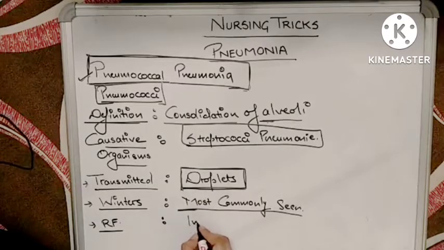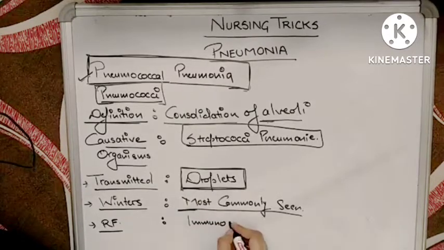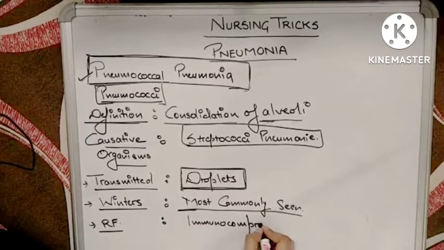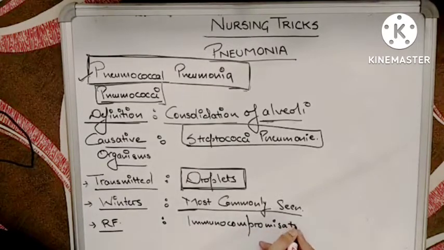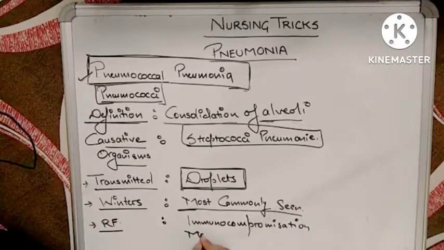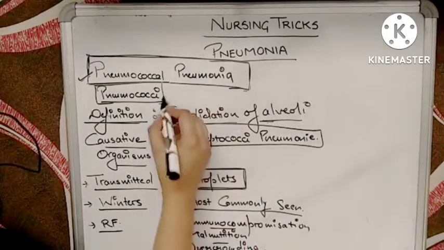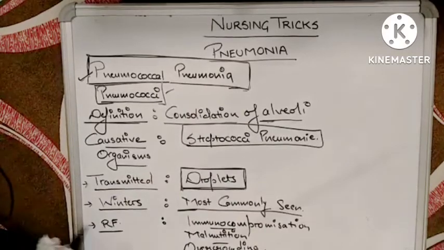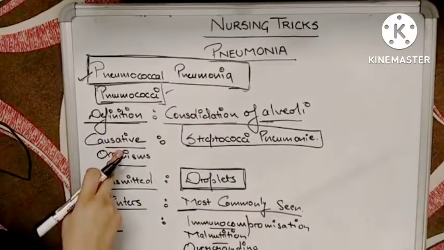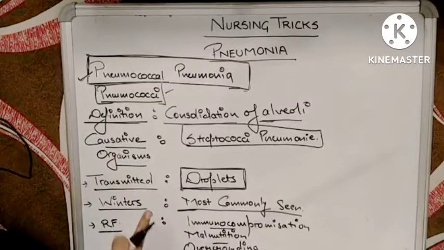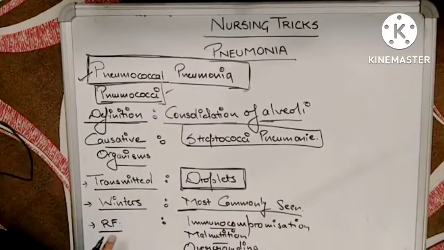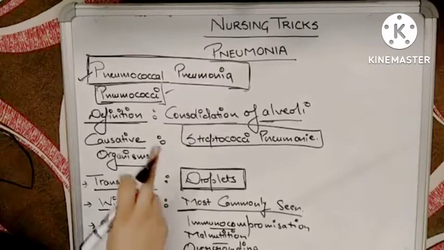They are immunocompromisation, along with malnutrition and overcrowding, which can lead to this particular pneumonia. So we have seen the definition, the causative organism, the transmission, that it is most common in winters, and the risk factors of this disease.